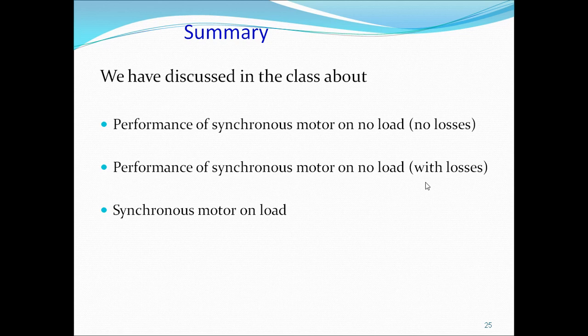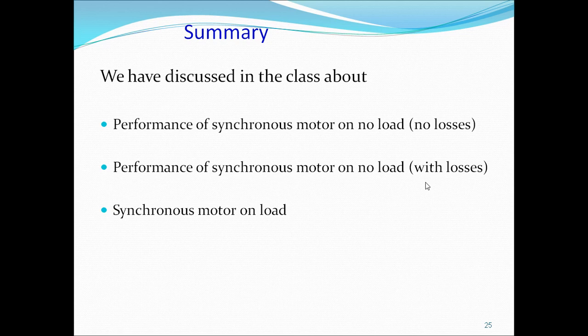The input given to the motor is called electrical power, that is root 3 VL IL cos phi. From this motor input, if we deduct armature copper losses, we get the mechanical power developed at the armature.